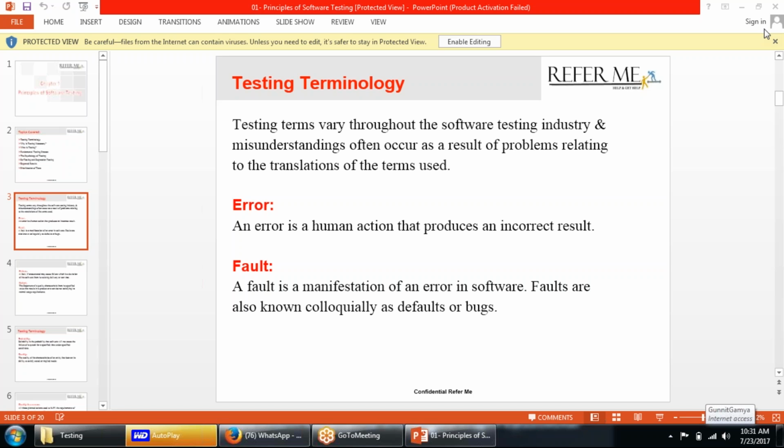So the first thing I am going to test is whether I am able to write with the pen or not, right? That is called a test. So I am checking whether, as per the functionality, it is working fine or not. That's a basic thing we are going to check.